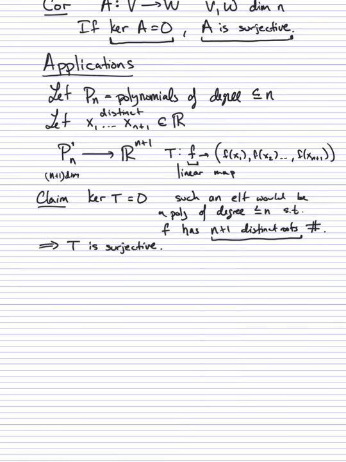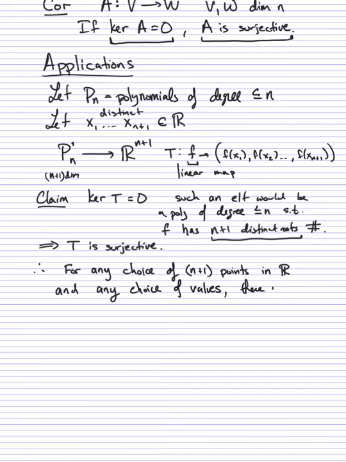So in other words, what this is saying is that for any choice of n+1 points in R, and any choice of values for those points, there is a polynomial which attains those values at those points.